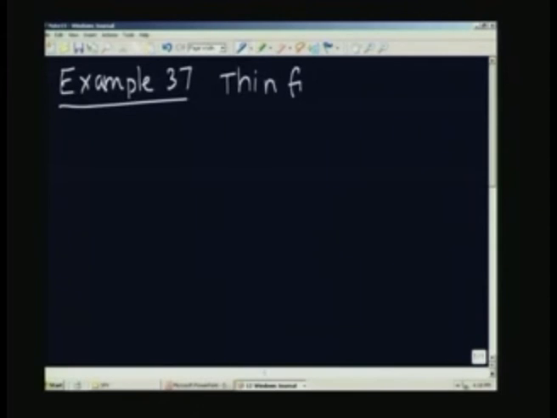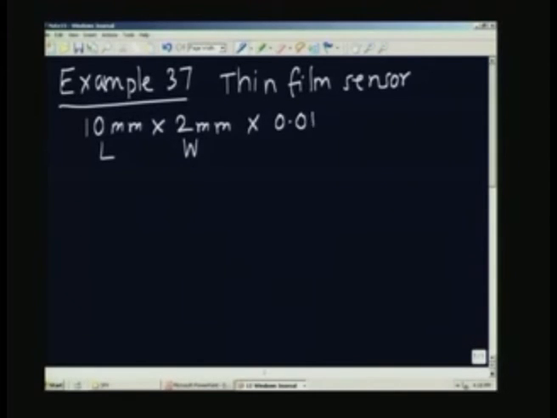So, we have this example 37, thin film sensor. The platinum has a length of 10 millimeters by 2 millimeters. This is the length and this is the width, and multiplied by 0.01 millimeter, this is your delta.